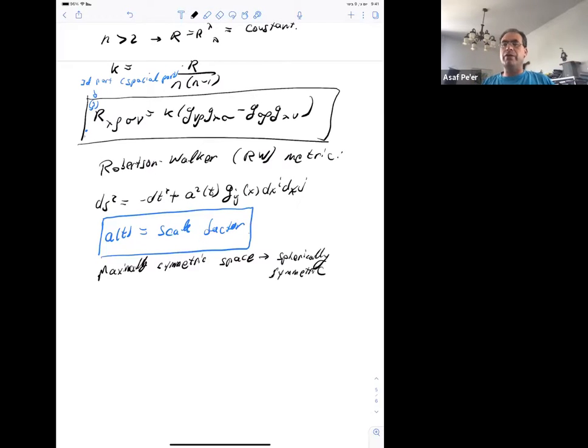And since we already derived the spherically symmetric solution, this is of course the Schwarzschild solution, then we made use of the result which we already derived to write down the Robertson-Walker metric.